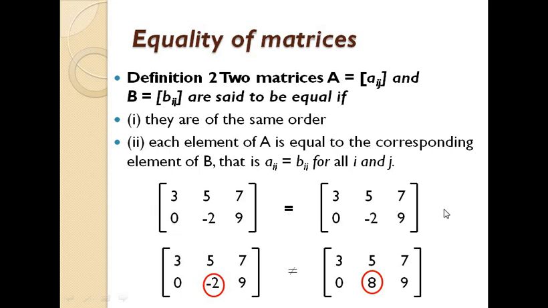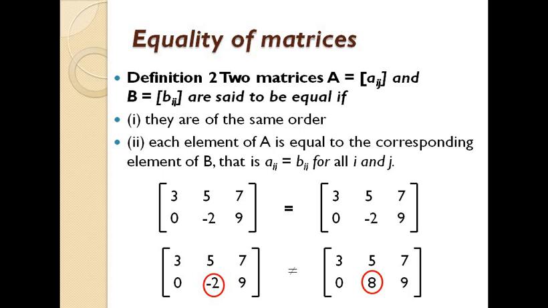Now these corresponding elements are the same. But if you see the second example, the order of both the matrices is the same, but you can see in the first matrix the elements circled in red are different. So even if a single element is different, both matrices will not be said to be equal.